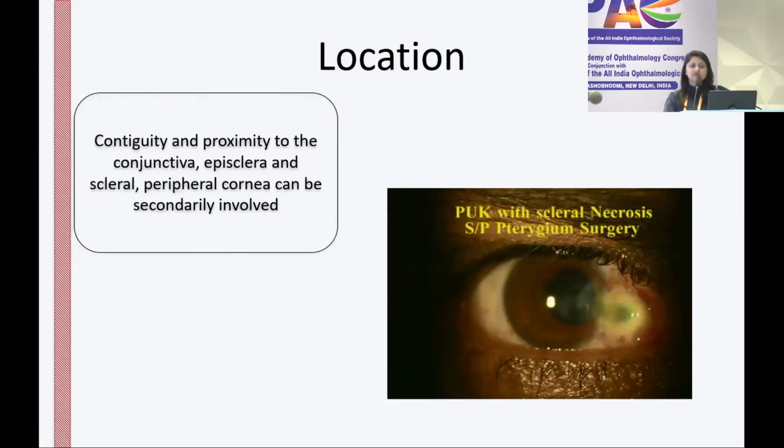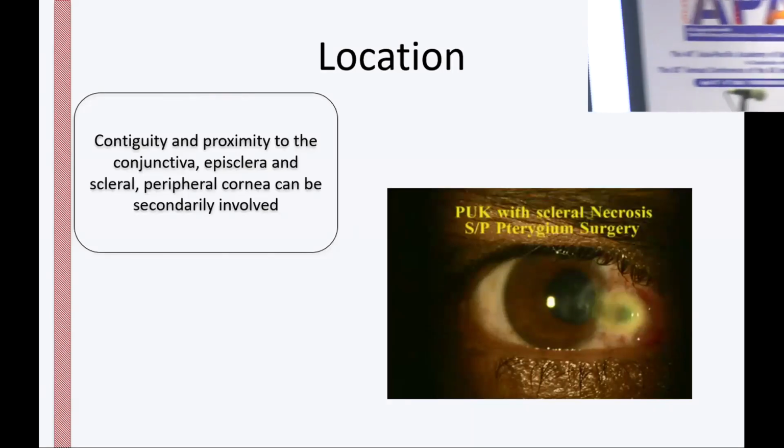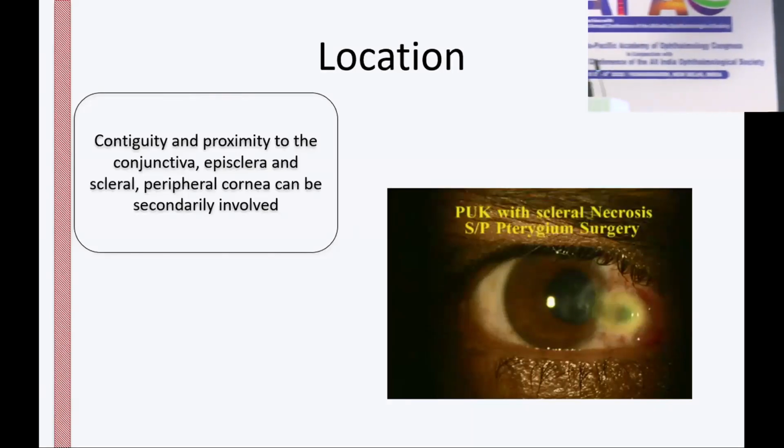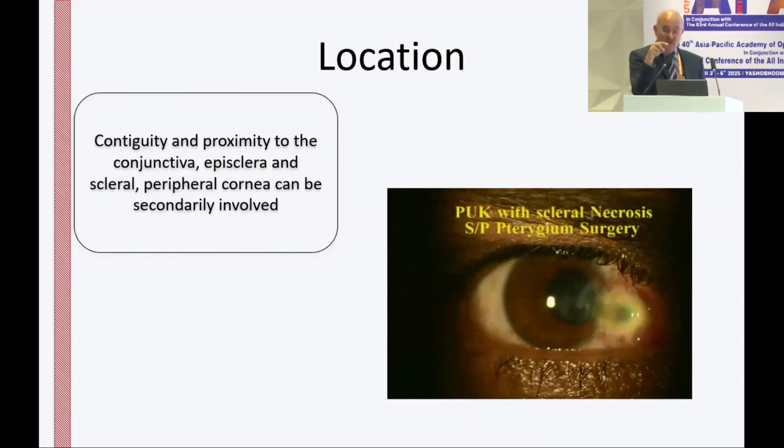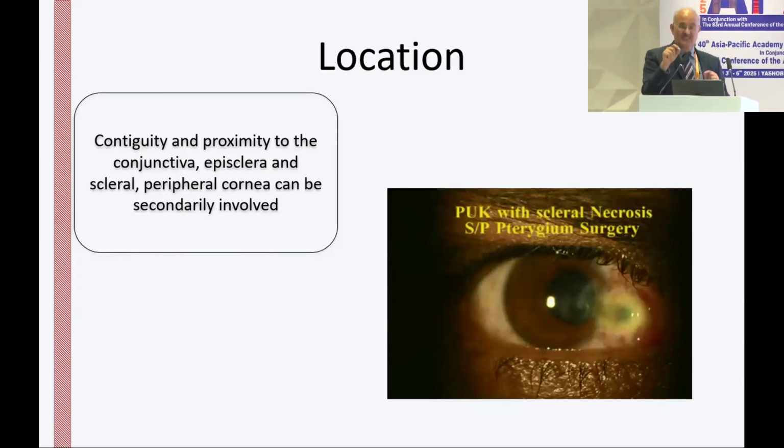See, this is the picture I also showed you. When you do pterygium surgery, there are three kinds of problems that can happen. One is something called SINS, surgically induced necrotizing scleritis. I will show you that in my presentation. Then, this picture is typical of an ischemic necrosis, and this is probably due to excessive cautery or a healing problem.